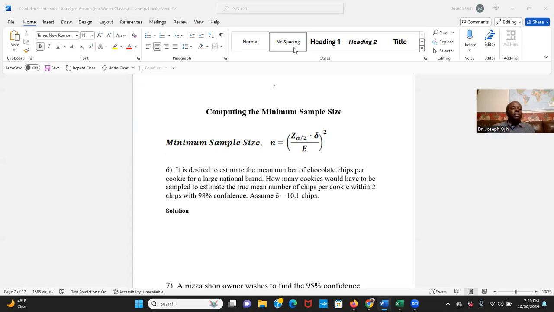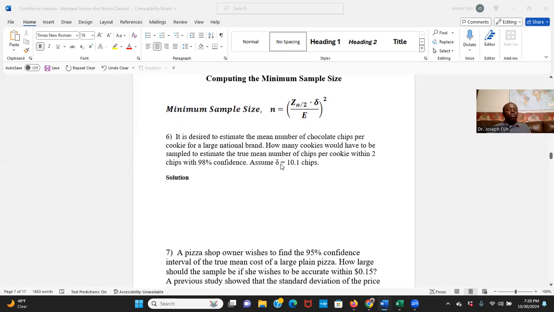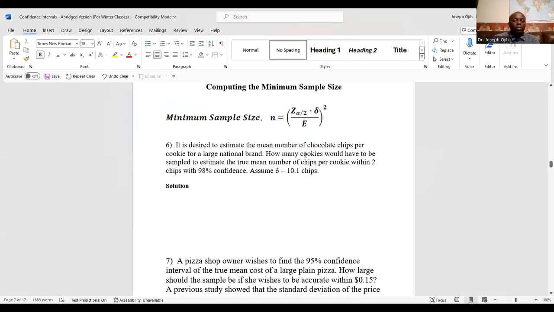It says here that it is desired to estimate the mean number of chocolate chips in the cookies for a large national brand. How many cookies will have to be sampled to estimate the true mean number of chips per cookie within 2 chips with 98% confidence, and the population standard deviation to be 10.1 chips.